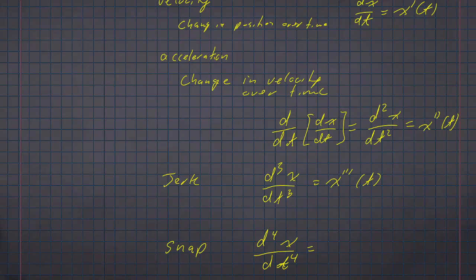And I want to get that far because when you get to the fourth derivative, that's where we decide that all these primes are just too messy. And instead, we're going to put a 4 in parentheses like that. It would be 4 primes, but 4 primes is messy. So to shorthand, we put 4 in parentheses. And that way we can naturally expand out to 5 and 6 and 7 and 378, however far you need to go for a particular problem.